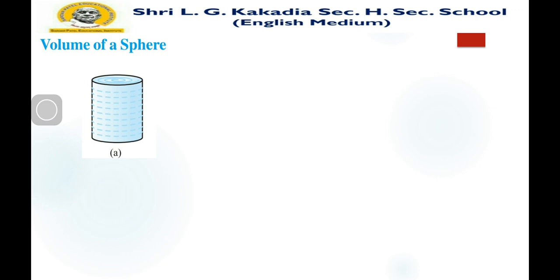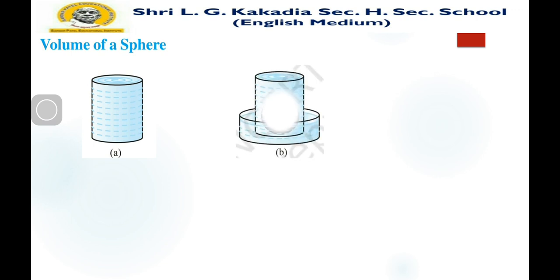So if we put the spherical solid in this vessel, then the sphere will displace the water from this cylindrical vessel. We collect the displaced water in another vessel.